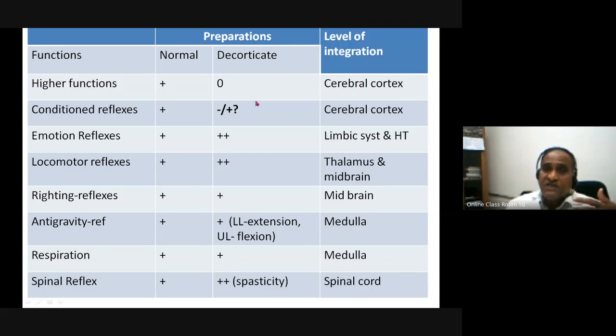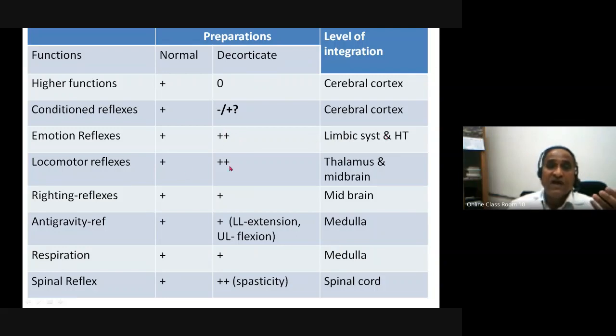In the absence of the cortex, the hypothalamic components, or what is called the limbic system and some part of the hypothalamus, are not suppressed. That means they are exaggerated. There will be exaggerated emotional responses. A person may start being angry, it's a sham rage effect, or he may become placid, or start laughing, and so on.